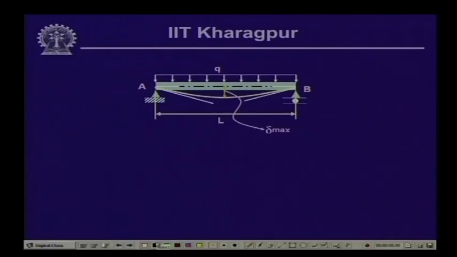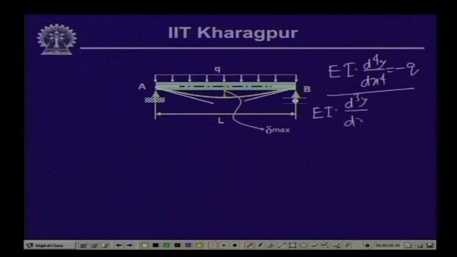We have EI d4y/dx4 equals minus q. Now, if we integrate this, we have EI d3y/dx3 equals minus qx plus a constant c1.